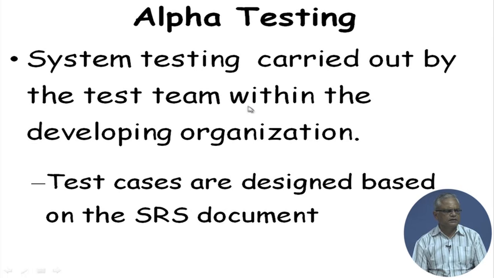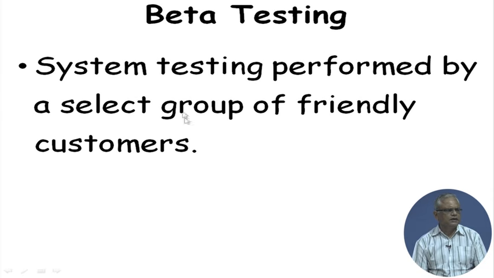In alpha testing, the testing is carried out within the developing organization, but the test cases are largely designed based on the SRS document, because this is system testing. In beta testing, it is tested by a select group of friendly customers.